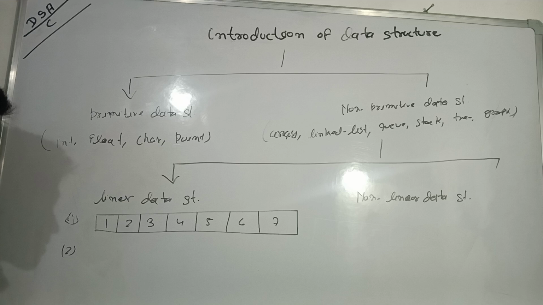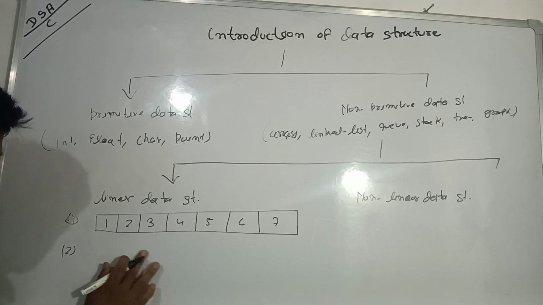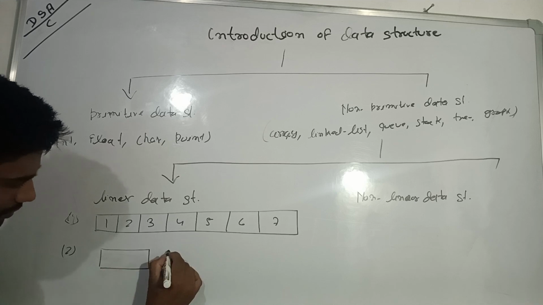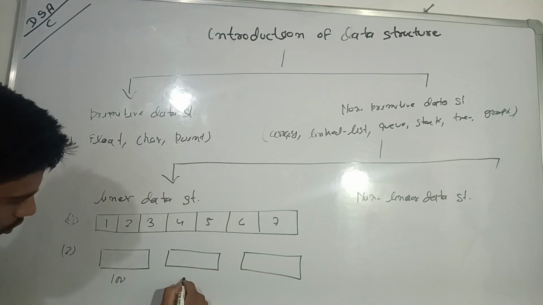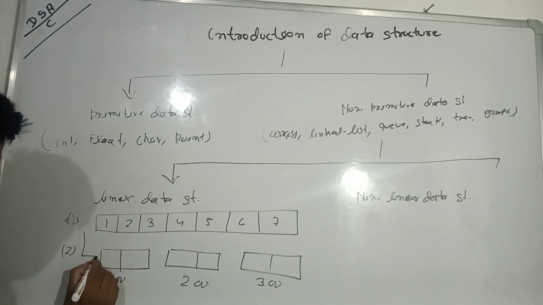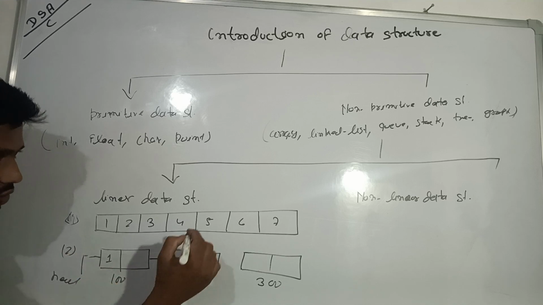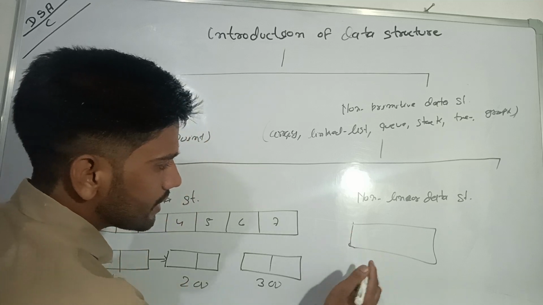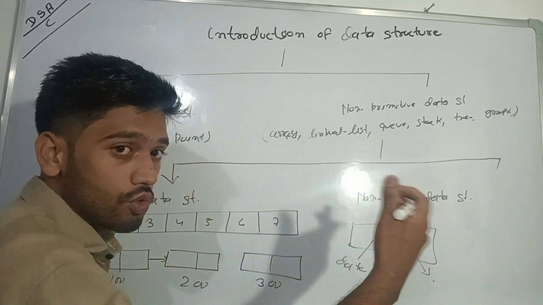The second example is the linked list. In a linked list there are two parts in a node: the first one is for the data, and the second is the address of the next node.